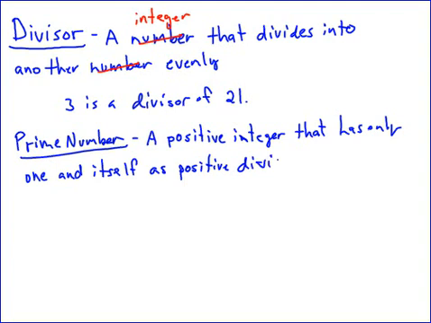So the only divisors that are positive are 1 and itself. That is our definition of a prime number.